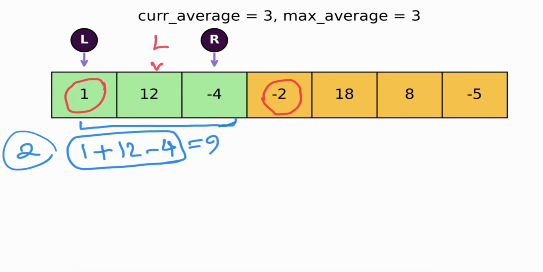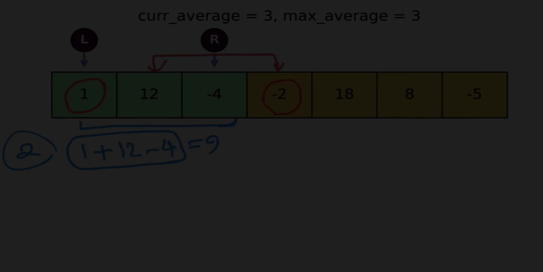So let's clean this one and only consider that we have this window. We can see that we lose this number and we add this number. So if we decrease this number from 9, we lose 1, we add 2, which is 6.